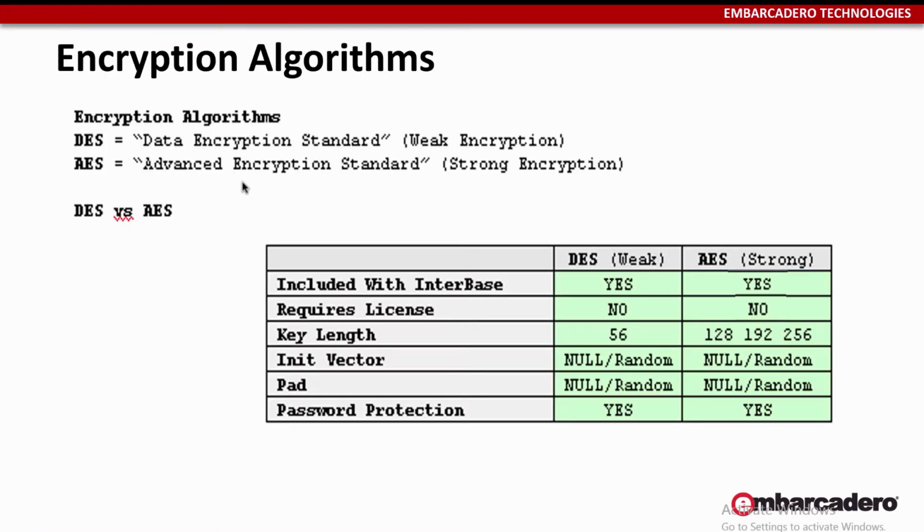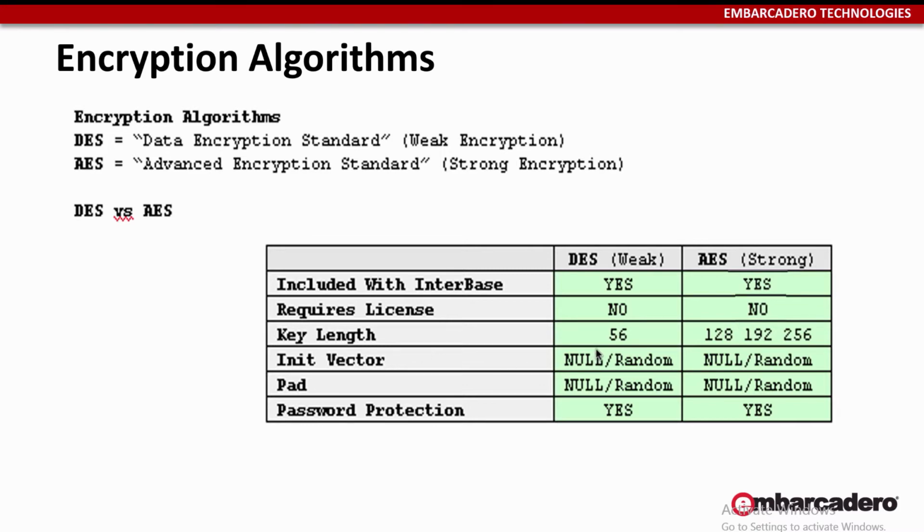InterBase has two different encryption algorithms. There is DES, which stands for Data Encryption Standard, and this is considered weak encryption. InterBase also has AES, Advanced Encryption Standard, and this is considered strong encryption. Some of the differences between the two: both AES and DES are included with your InterBase license and do not require a separate license.